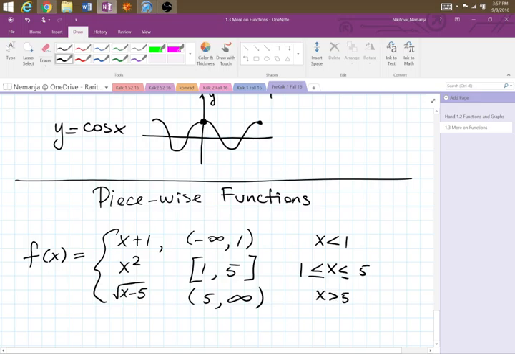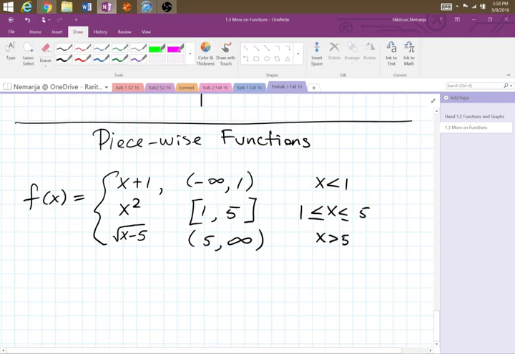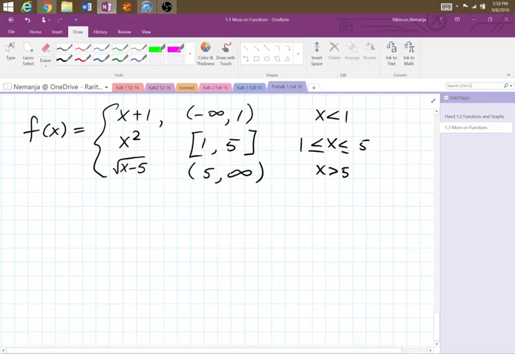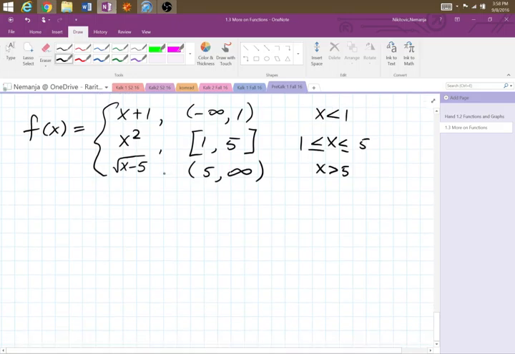And observe the use of parentheses and brackets in conjunction with less than or equal to on the other side. Whatever is parentheses is just less than, whatever is less than or equal to was a bracket. So those are, again, two different notations for the same thing, and just use them carefully. So I can present these domains in either of the two ways, depending on which book you read.